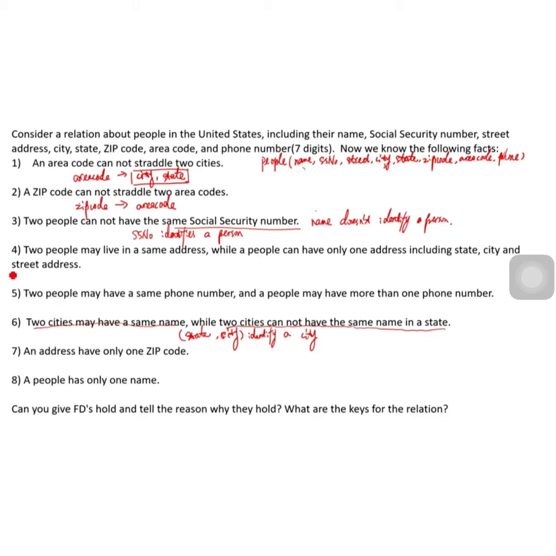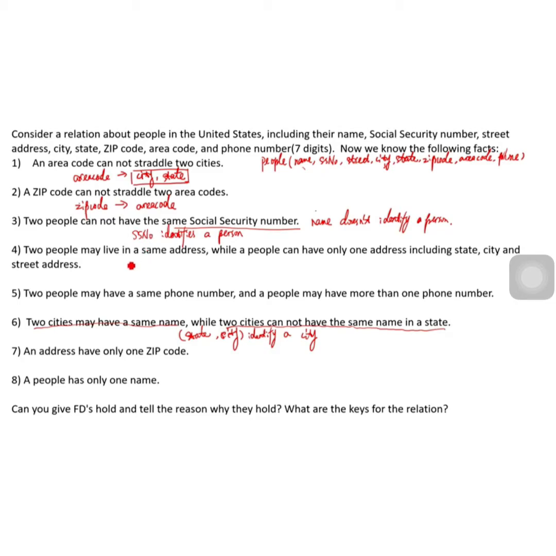The next fact: two people may live in the same address, while a person can have only one address. From this fact, let's assert two FDs.